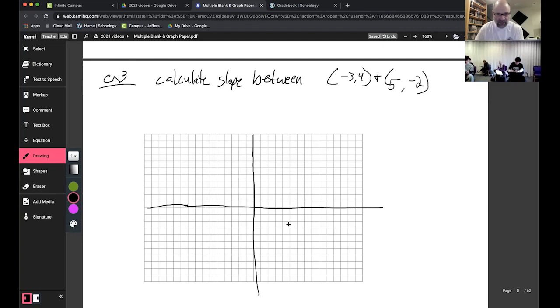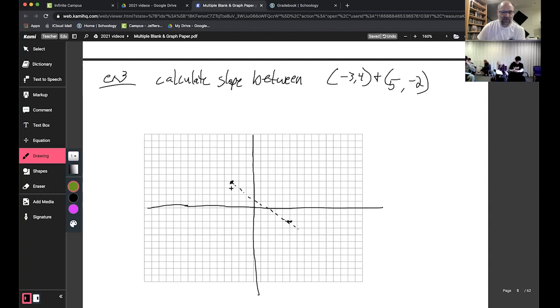Okay, so 5, -2 is right there. -3, 4 is right there. So normally, you can draw a line if you want, doesn't matter. If I were to calculate slope, I have to figure out how much it rises and how much it runs.